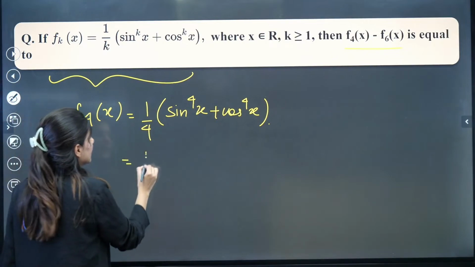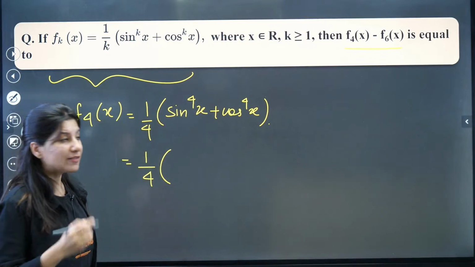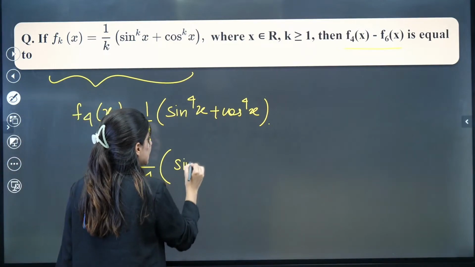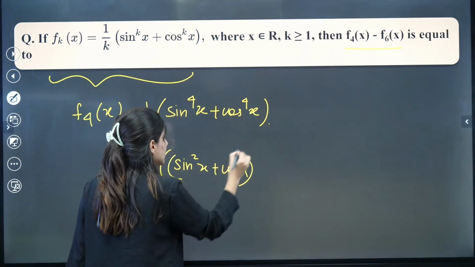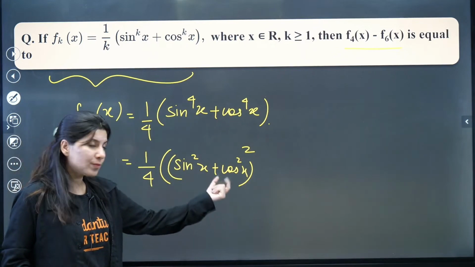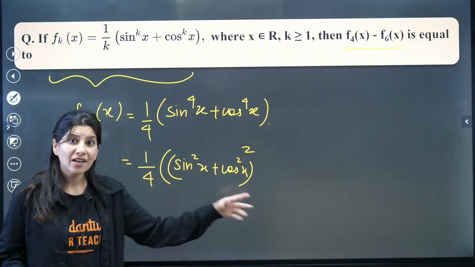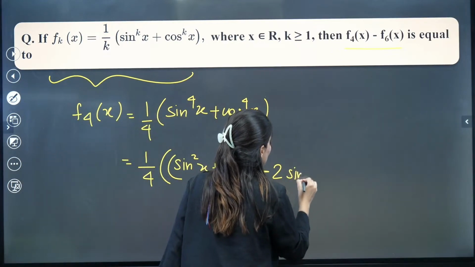Clear? This sine raised to power 4 plus cos raised to power 4 can be written down as sine square x plus cos square x whole square. If you make the whole square of it, sine raised to power 4 plus cos raised to power 4 plus 2 sine square cos square. So we need to make minus 2 sine square cos square.